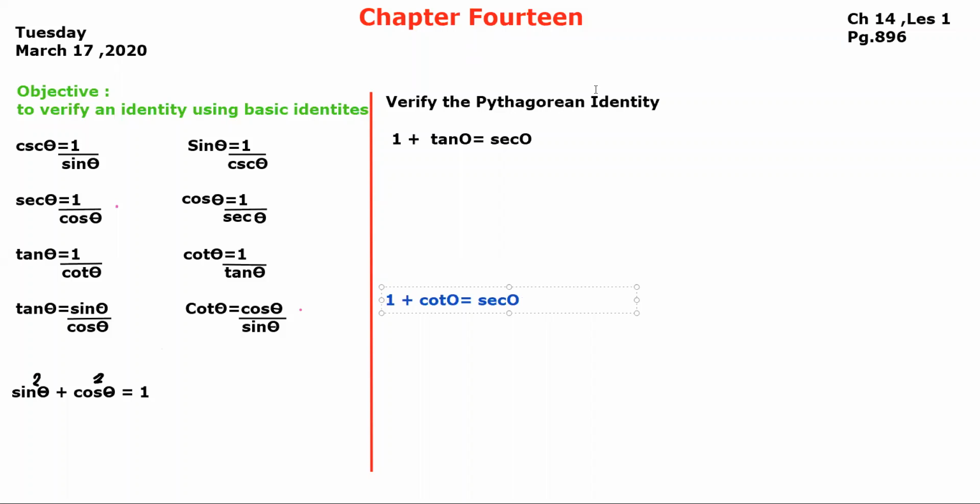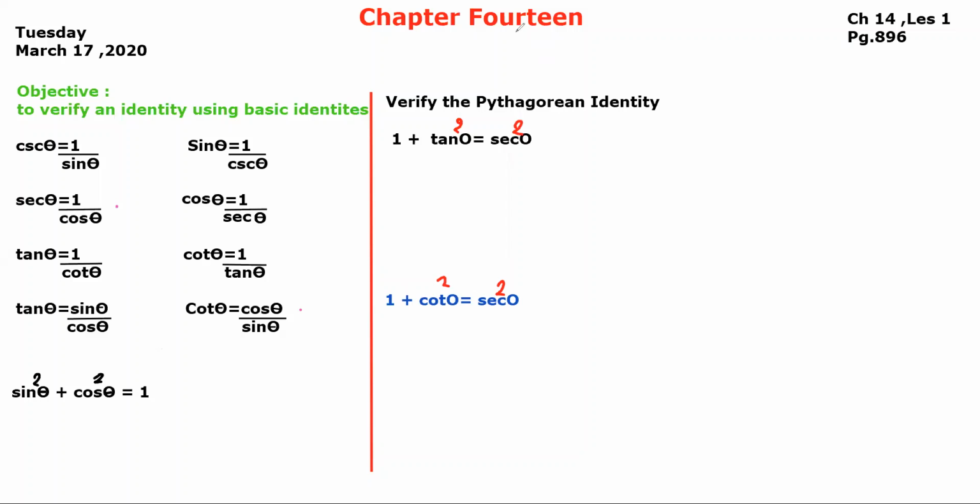Now, I want to verify the Pythagorean identities, which are 1 plus tan squared of theta equal secant squared of theta, and 1 plus cotan squared is equal to cosecant squared.